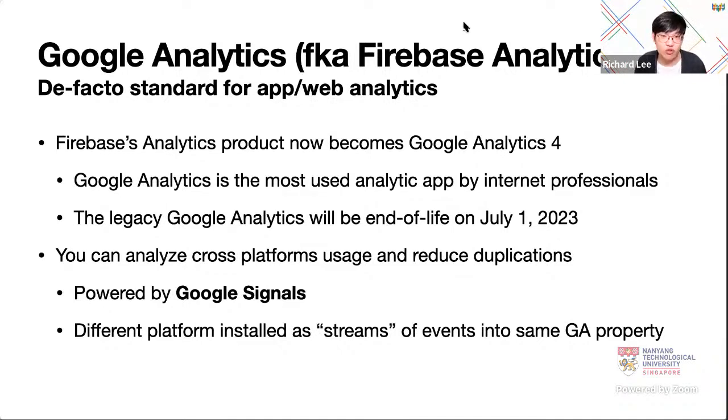So Google should know, for different devices, say for example, I have both iPhone and Android and also web browsers, and I sign into Google accounts for all these devices. Google Signals can help Google Analytics users combine the usage behavior across these devices. Again, that's something that you need to enable in Google Analytics settings.